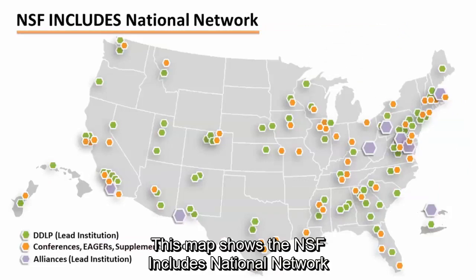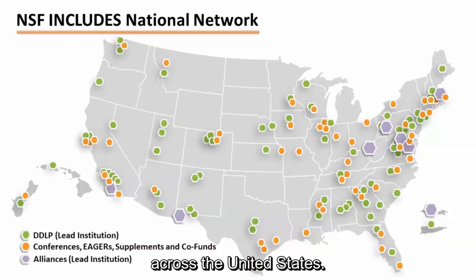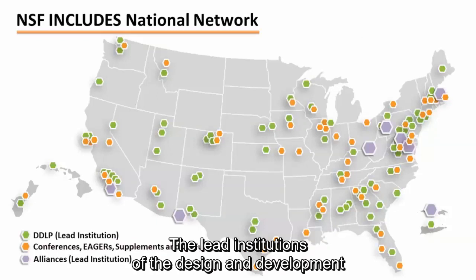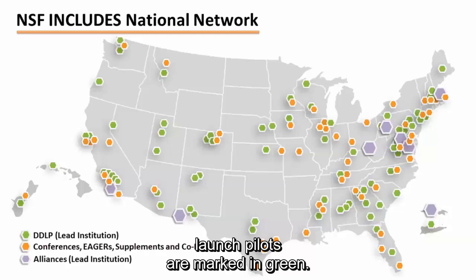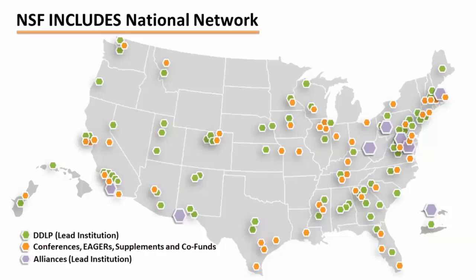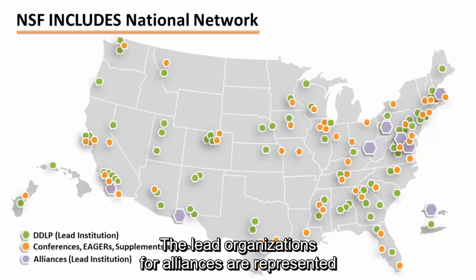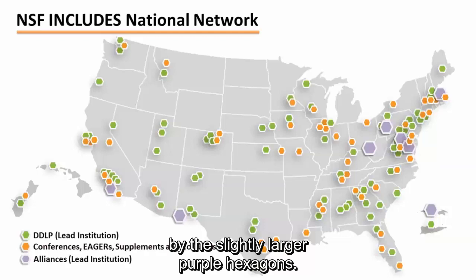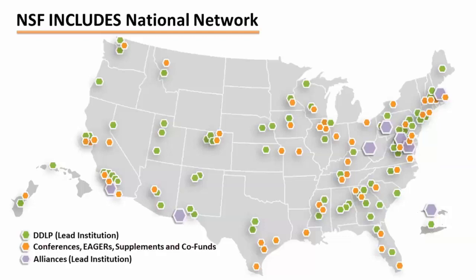This map shows the NSF INCLUDES national network across the United States. The lead institutions of the design and development launch pilots are marked in green. The lead organizations for alliances are represented by the slightly larger purple hexagons.